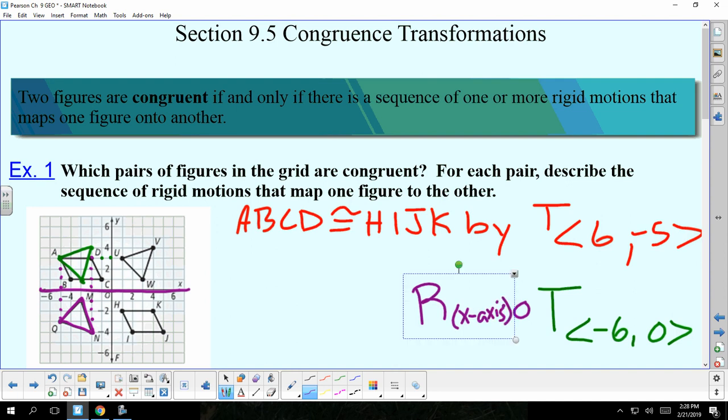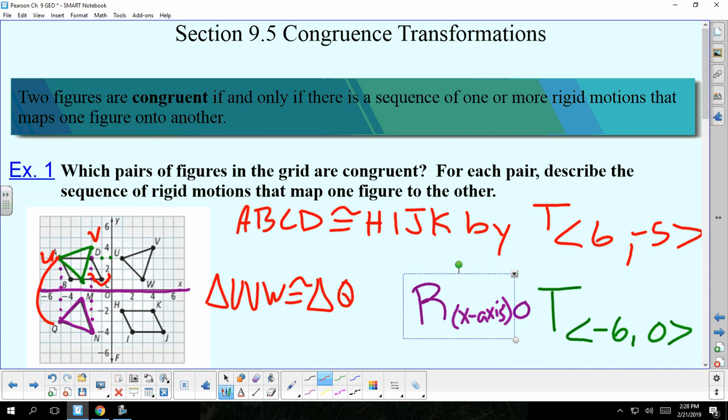So we can show that triangle UVW is congruent to triangle. This is where it's a little bit tricky. We have to match up the vertices. Right? So U, when we slid that over, was right here. V was right there, and W. So U goes with the Q over here.